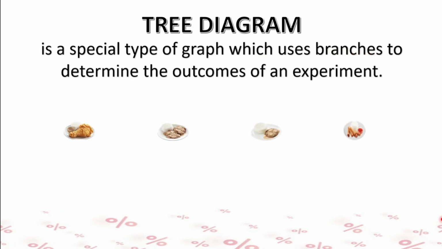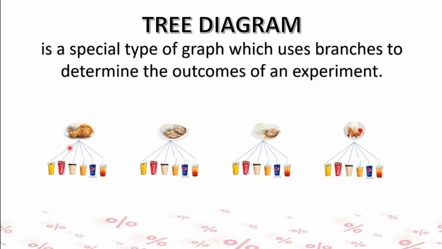For example, if we can have all the rice meal choices displayed first, and it will branch out to all the drinks they can pair with, we can have each of the drinks here representing the pair because they are connected to the rice meals. So if we count all the drinks here at the bottom, we will be counting 24 value meals.